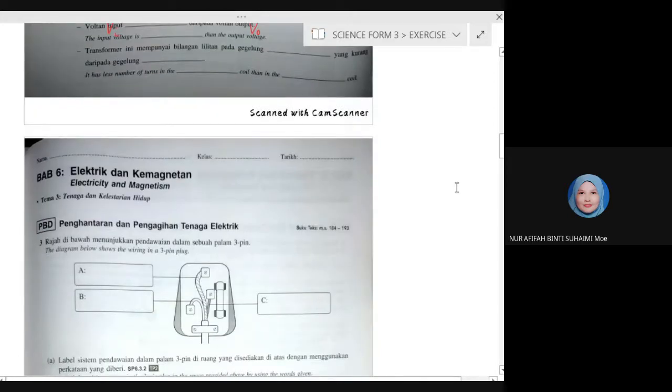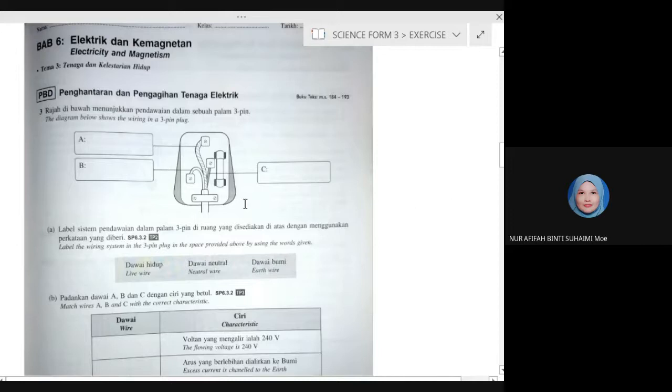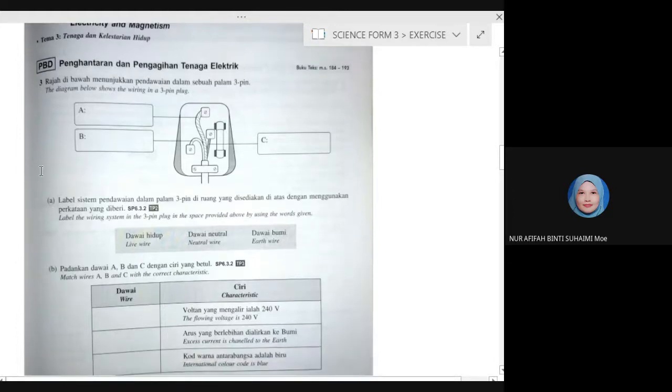Next, number 3. This one you also learn in RBT, the pin plug. The diagram below shows the wiring in a 3-pin plug. We have 2 types of plug, 3-pin and 2-pin. Okay, 3-pin has an earth wire compared to the 2-pin plug. 2-pin plug is for electrical appliances with a plastic cover, like a radio or hair dryer.